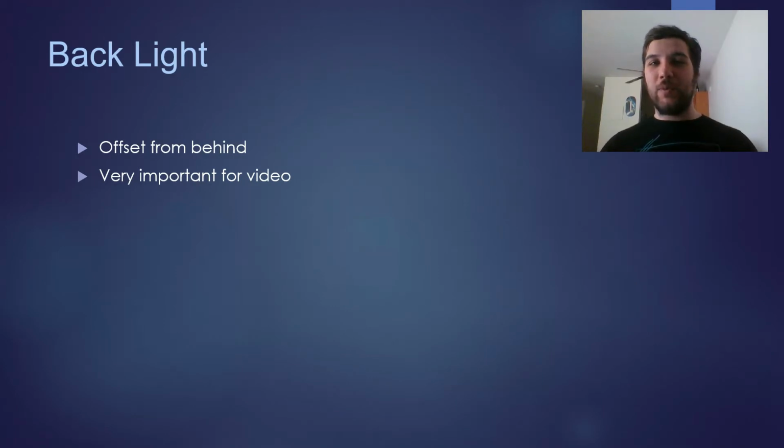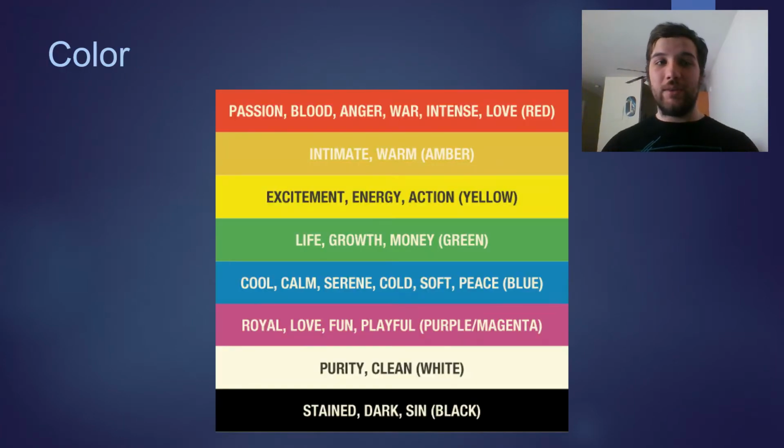Then as we jump into more of the artistic side, we talk about color. One of the important things to remember is the color theory behind it. This is a chart that shows some of the different colors and how they interact with emotions.